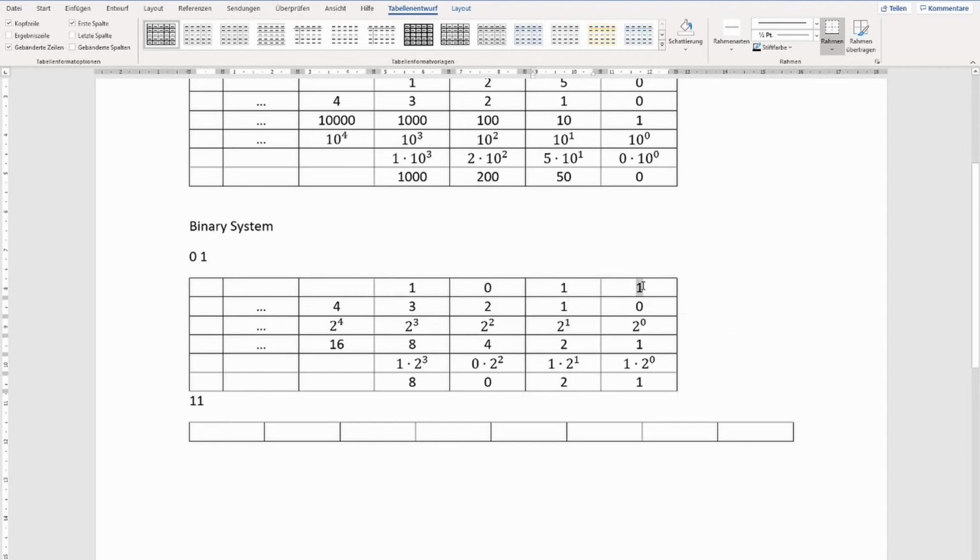In binary they are called bits, 8 bits, and this thing is called a byte. Yeah. Why is a byte exactly 8 long? How many different numbers could you write with an 8-bit binary number?